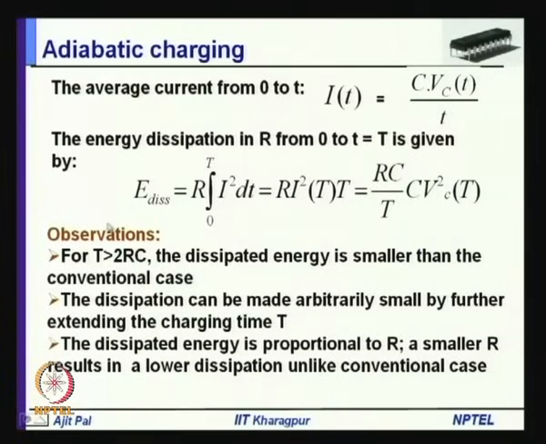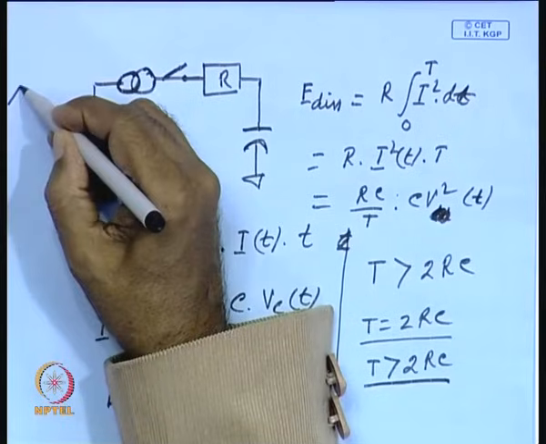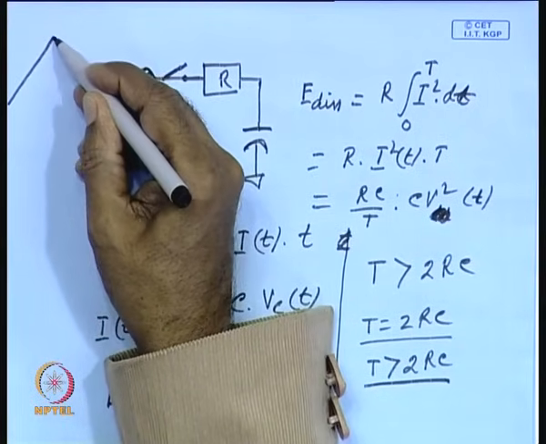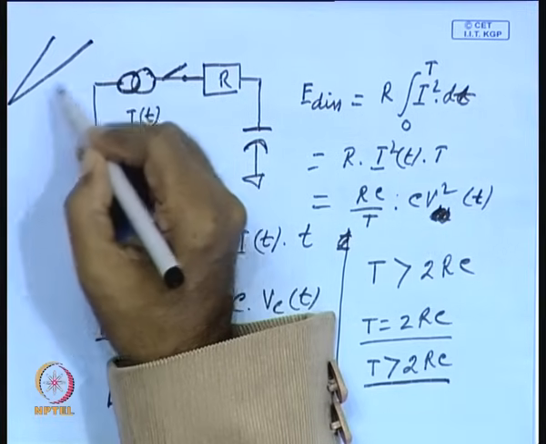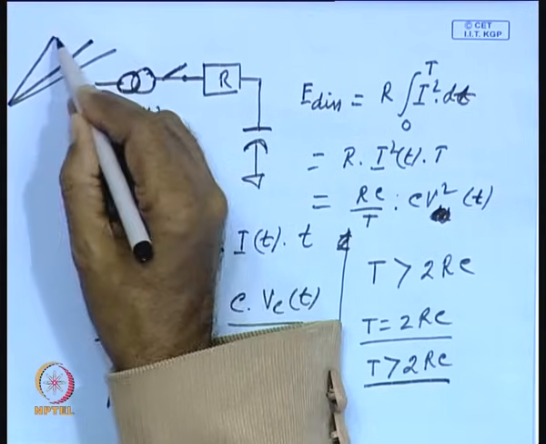Now, the question naturally arises, how can we really make t larger than 2 R C? That is quite easy to do, because we are applying a voltage which is time varying. So, instead of applying the voltage to rise quickly, we can apply another voltage which rises more slowly, like that.